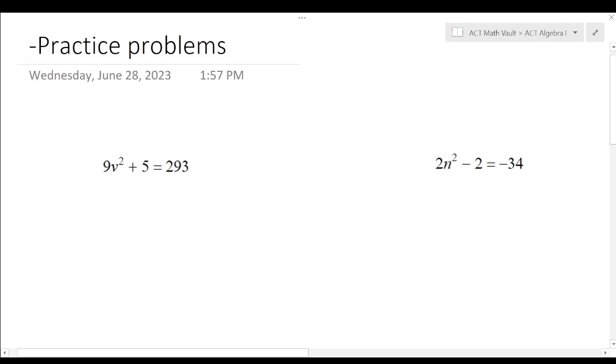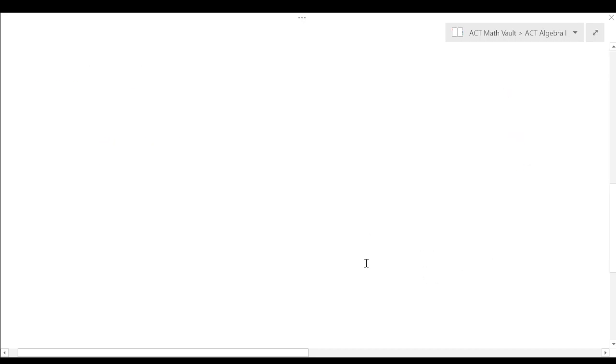Why don't you pause the video before I reveal the answers? Okay, so the first one does require you to simplify a radical. The second one does involve i, but it is a whole number in front of the i, or I should say an integer in front of the i, because it's plus or minus.